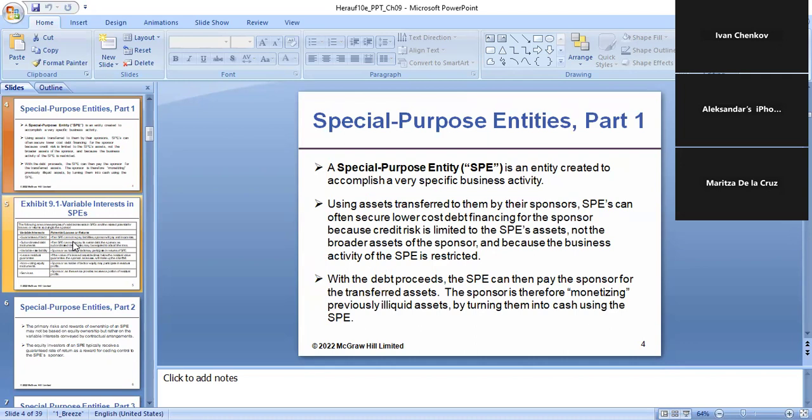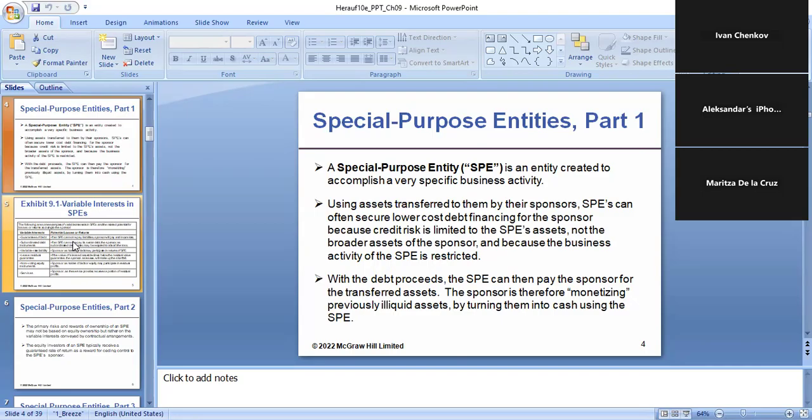So what we're saying is, if the company has high credit risk, in order to clean that risk, the company is going to open a new subsidiary or new company, which is the specific purpose entity, and that entity is going to apply for the loan.